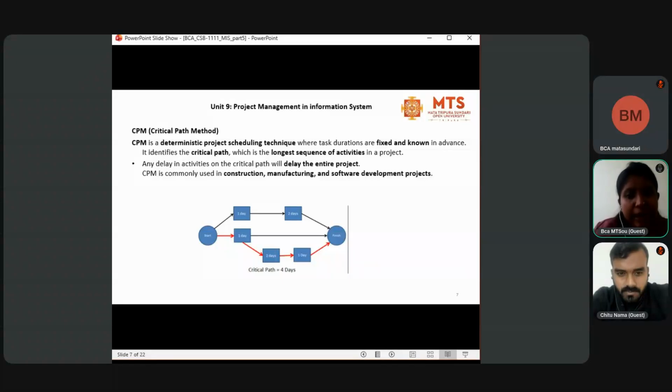If there is any delay in the activity, that will affect the entire project. This method is commonly used in construction, manufacturing, and software development projects. Got it?